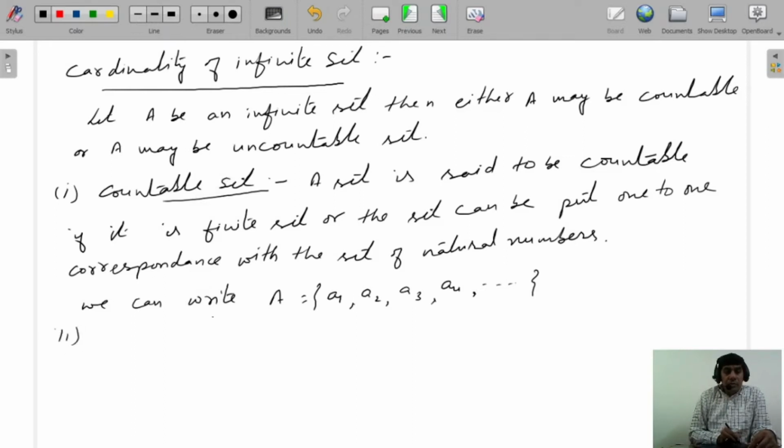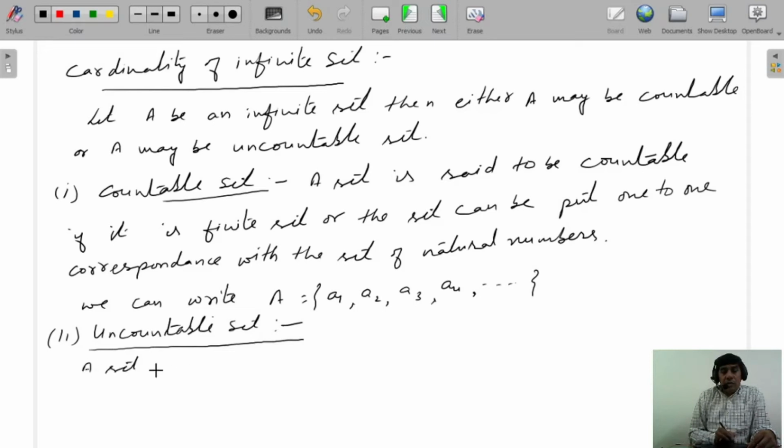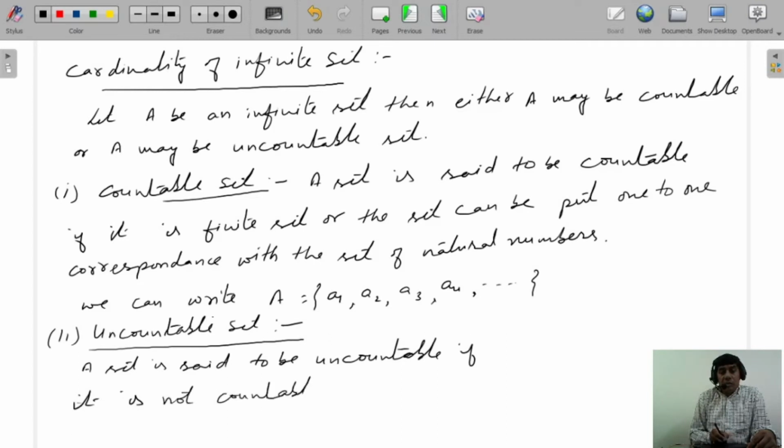Second, uncountable set. A set is said to be uncountable if it is not countable.